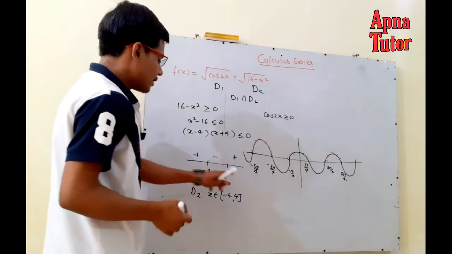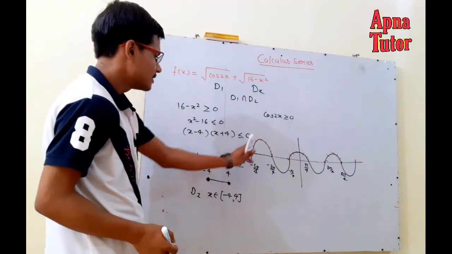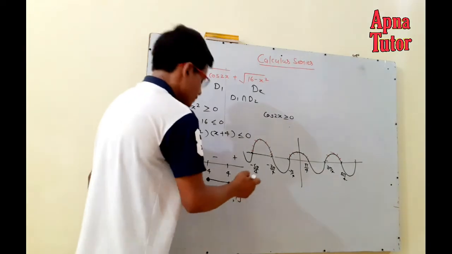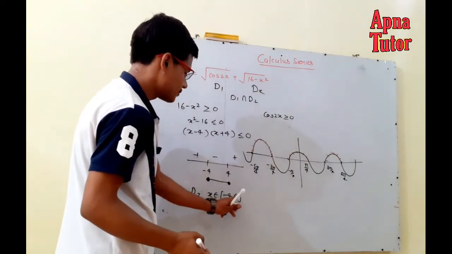So you have to apply the boundary, which is taking the intersection. Draw the lines x equal to minus 4 and x equal to 4.